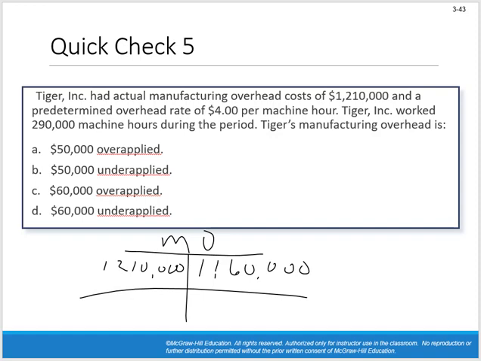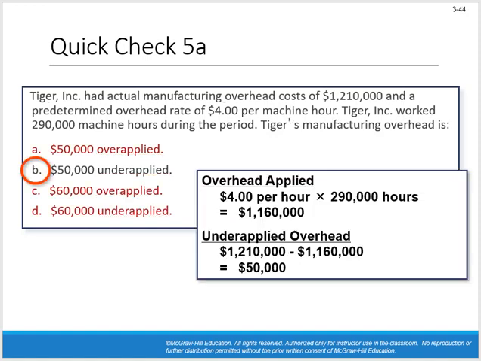Let's see if I can write a little bit neater. 50,000 on the debit side. So if it's on the debit side, that means that we are under applied. We have more MO left to be applied. So then we need to figure out the procedure of applying our under applied overhead. Also, we need to figure out what we do if we're over applied. So that'll be what we take a look at next.